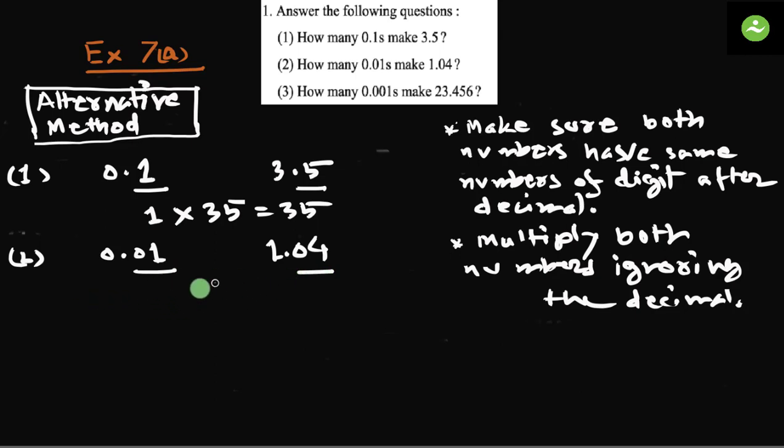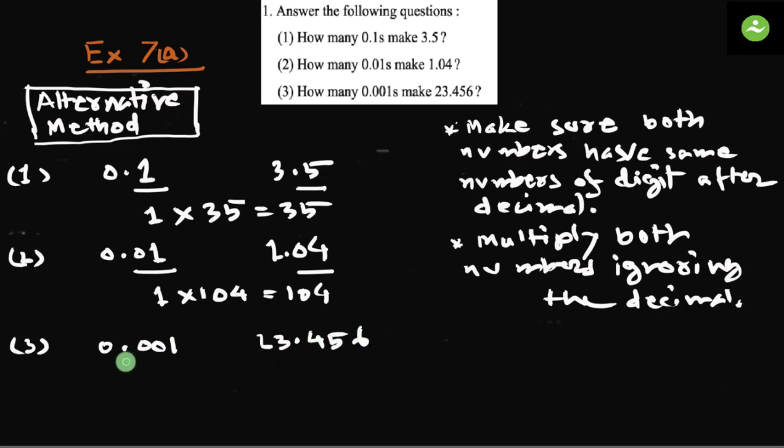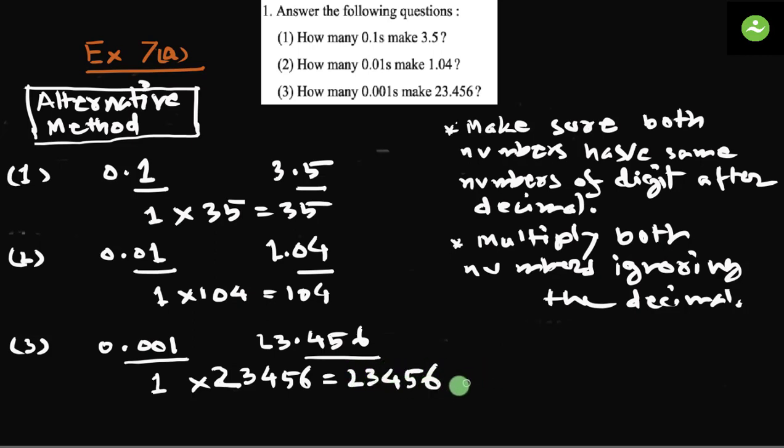Now multiply both ignoring the decimal. 1 into 104 equals 104. That is the answer. Bracket 3. 0.001 and the other number 23.456. After the decimal, how many digits? 3 digits, both. So we multiply both ignoring the decimal. 1 into 23456 equals 23456, and that is the answer.